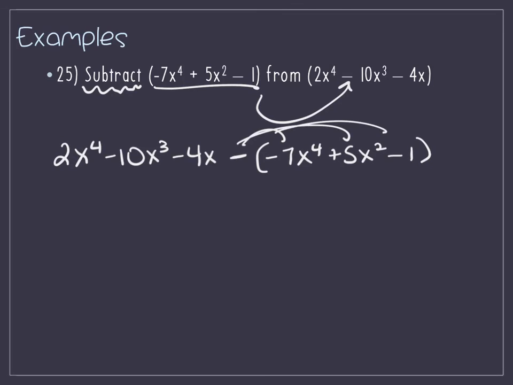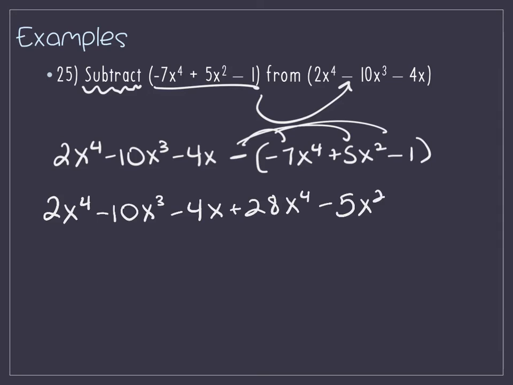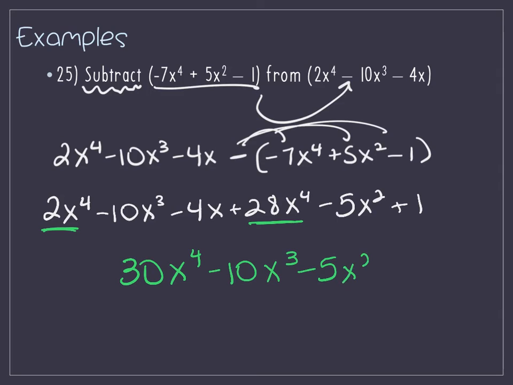This gets distributed: 2x to the fourth minus 10x to the third minus 4x plus 28x to the fourth minus 5x to the second plus 1. Combine my like terms. 2 and 28 is 30x to the fourth. There's no other x to the third. There's no other x to the second. There's no other x to the first, plus 1.